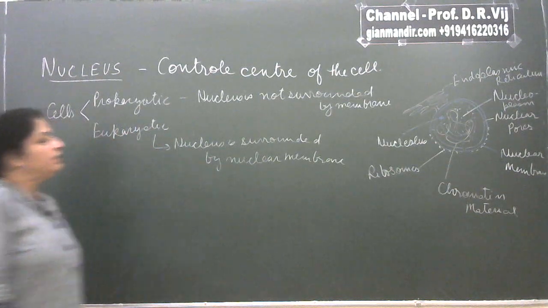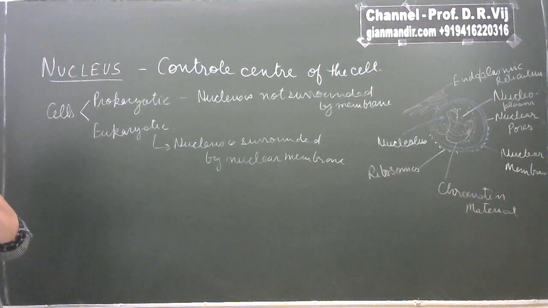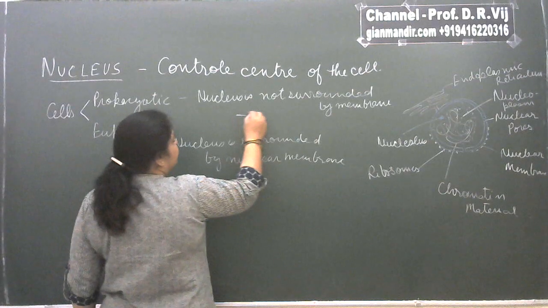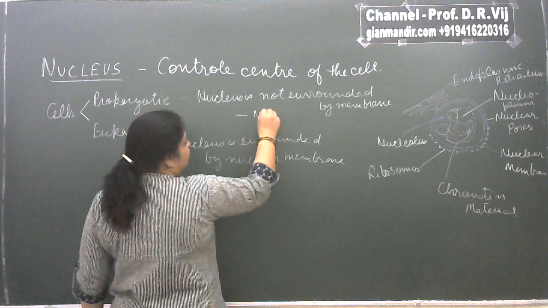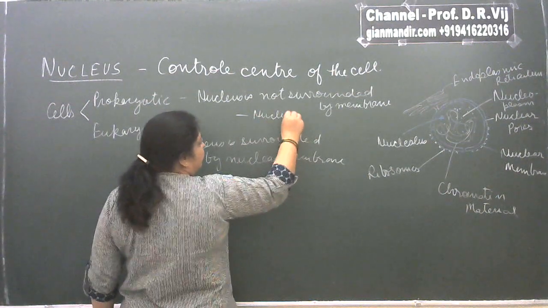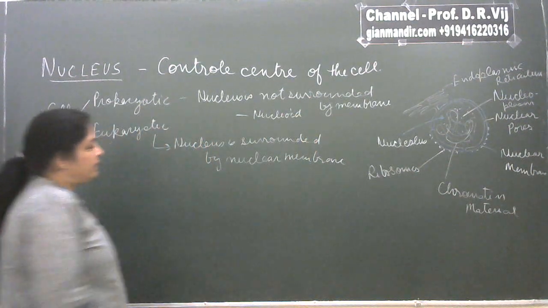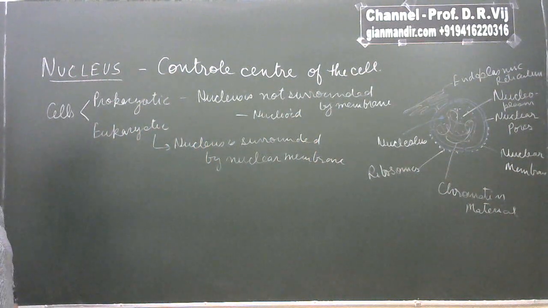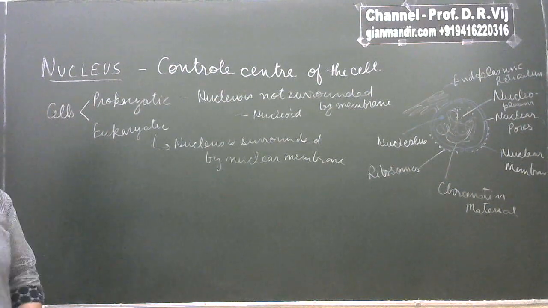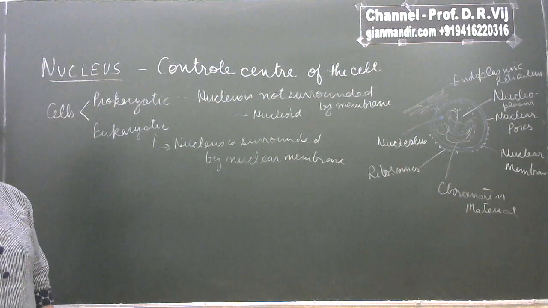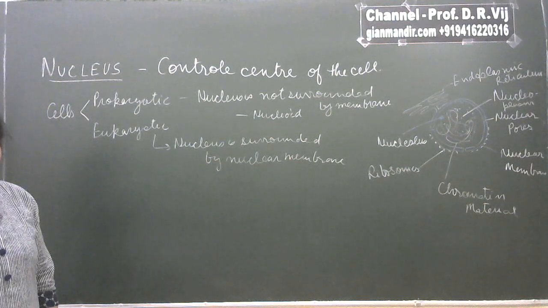So you can say in prokaryotes the nuclear region is not well distinguished due to absence of the nuclear membrane, and in such case this poorly defined nuclear region of prokaryotic cell is known as nucleoid, right? But in case of eukaryotic cell, this nuclear region is very well defined as it is surrounded by the two-layered nuclear membrane.